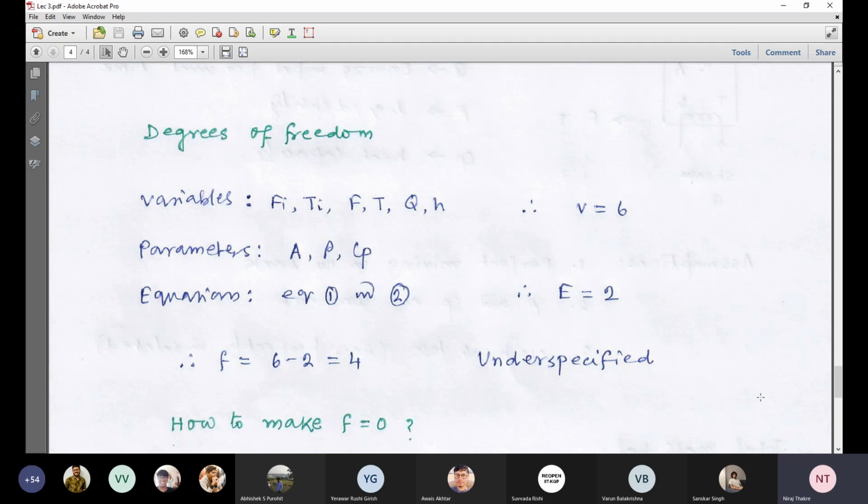So we can introduce one more equation with energy, like Q equal to Qs plus KQ into TSP minus T. Correct.